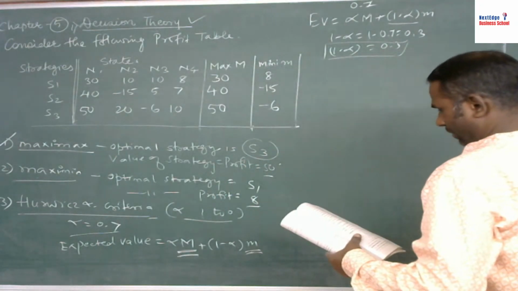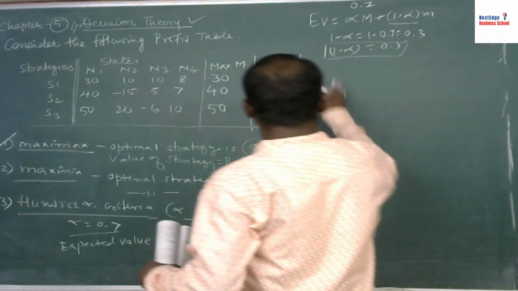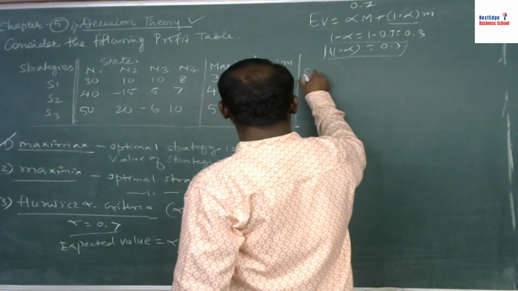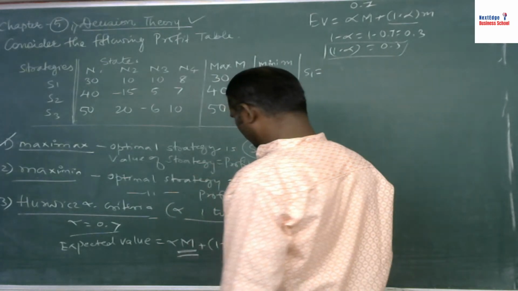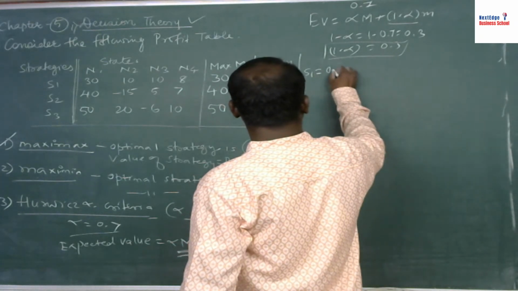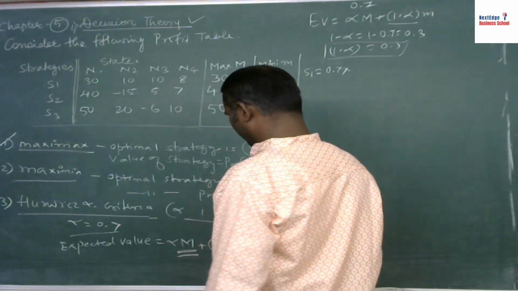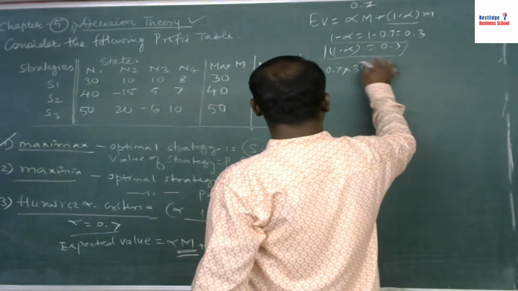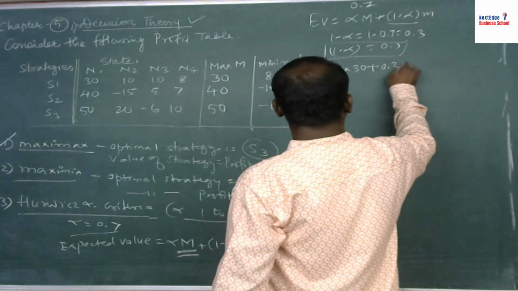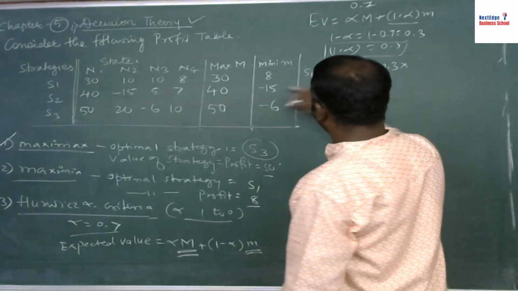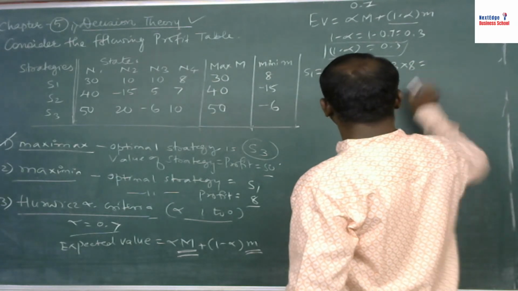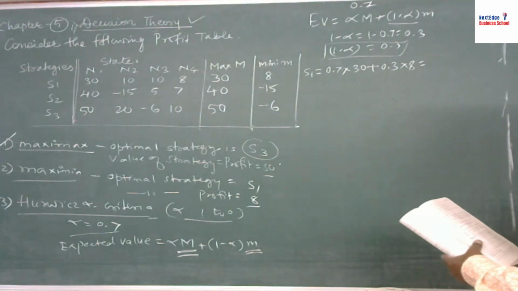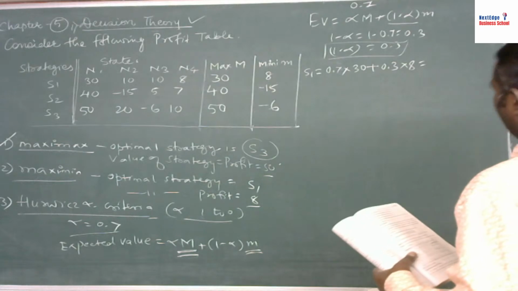If we calculate S1, what will come? Alpha value is 0.7, so 0.7 into capital M, which is 30, plus 1 minus alpha, which is 0.3, into small m, which is 8. So the answer will be 0.7 into 30 plus 0.3 into 8.